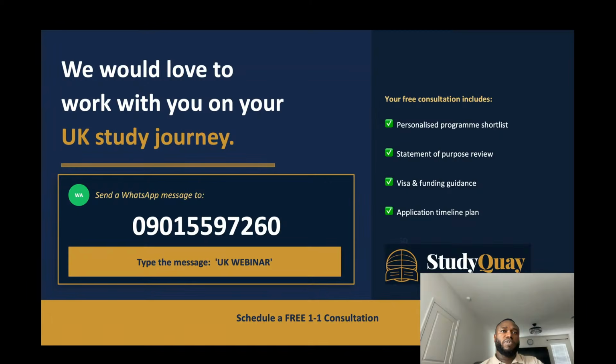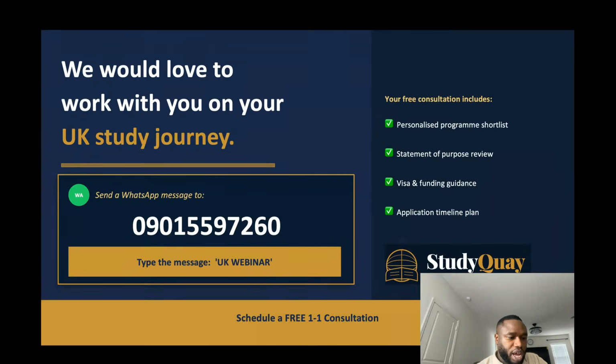So between 2.5 and 3.5 is your 2-2, 3.5 to 4.5 is your 2-1, and 4.5 to 5.0 is your first class. 2.5 to about 1.5 is your third class, and anything below that would be a pass. I think the UK evaluation process is pretty much similar to that of Nigeria, and it is not as complicated as the US or Canada.